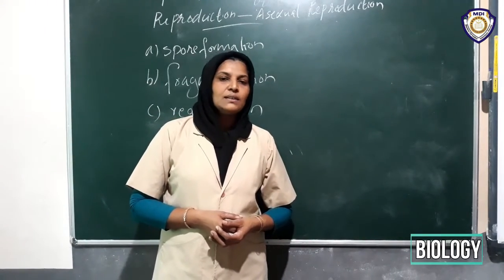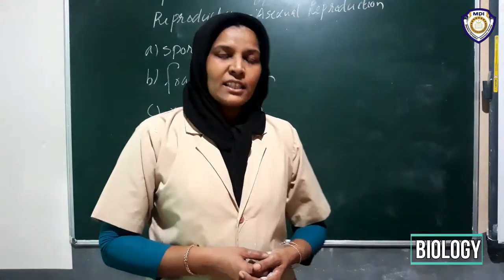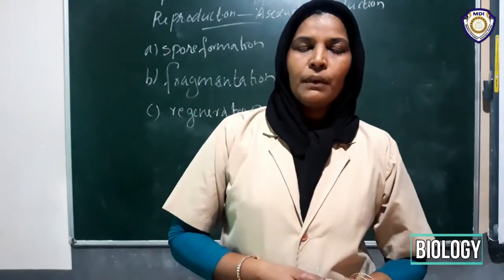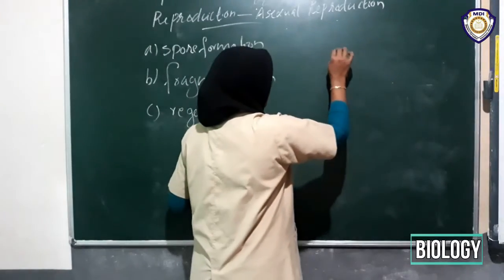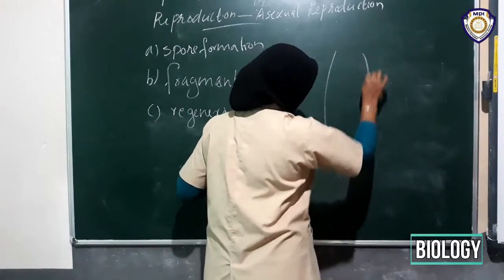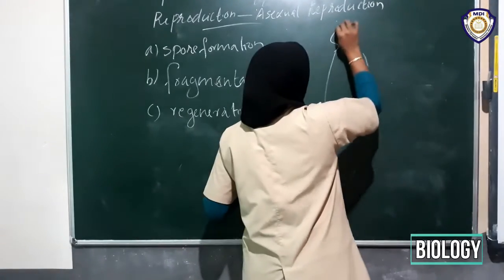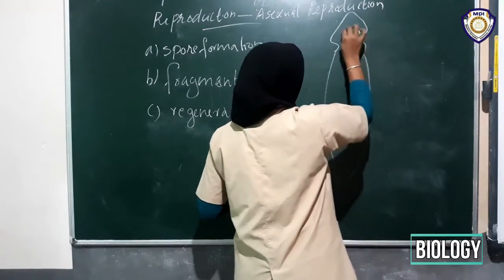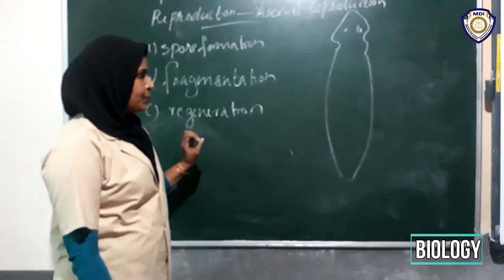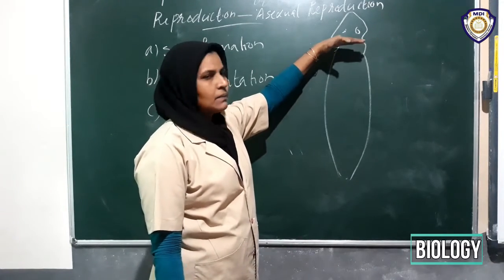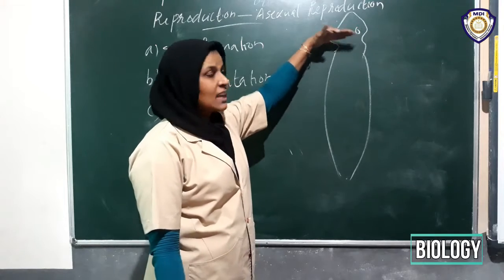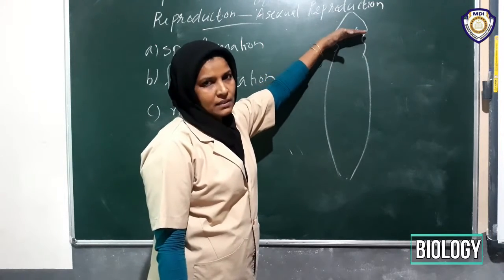So there are some specialized exceptions here. In the case of planaria, you can see the structure of planaria. So this is planaria. If the head is lost, the organism can replace its head.